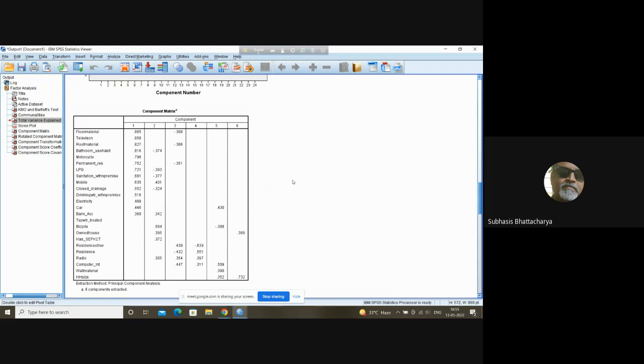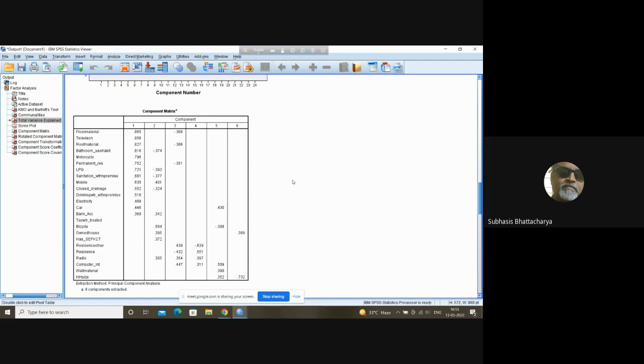Regarding the first component, on the basis of the highest loading values, it generates some positive effect, and component 2 generates some negative effect in terms of highest loading value. The lowest value is LPG, minus 0.393, and the value of the bathroom use habit is also negatively low.